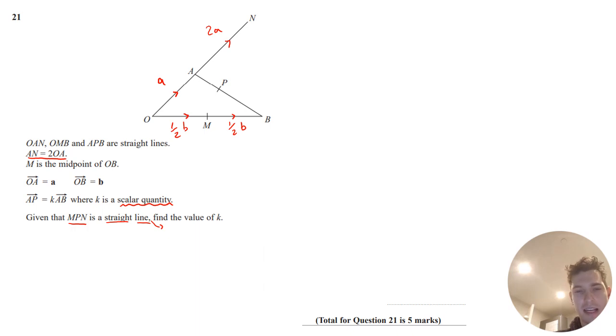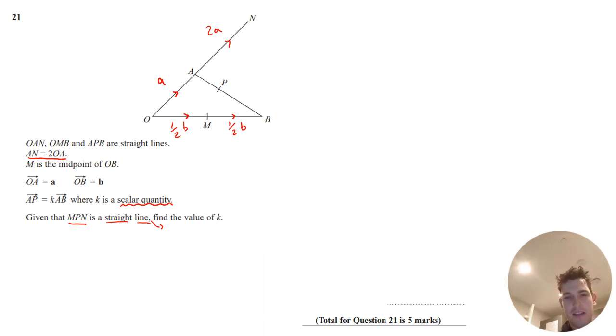And let's use that fact later. But before we do that, because we're told that MPN is a straight line, I think we can find some vectors MP, MN, PN. So let's give it a go.